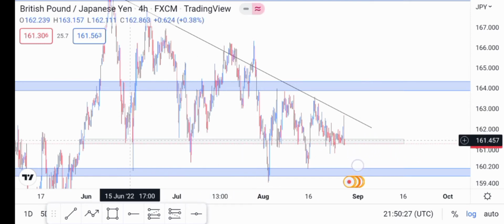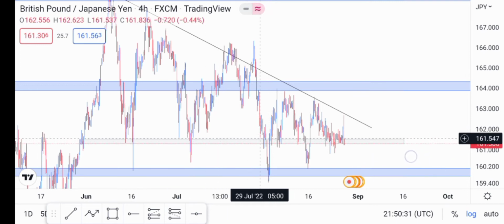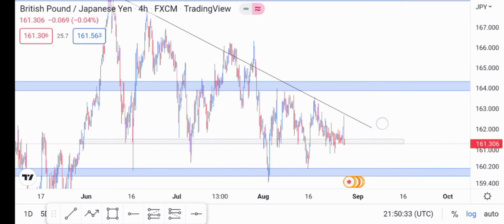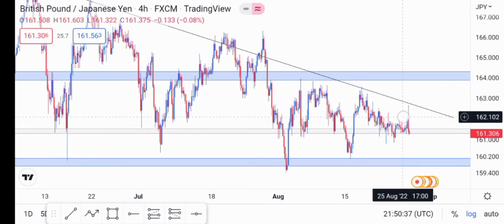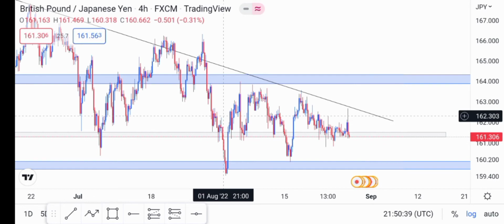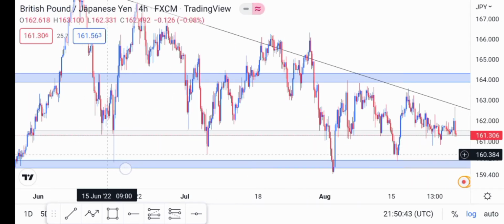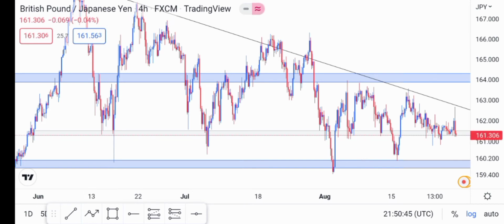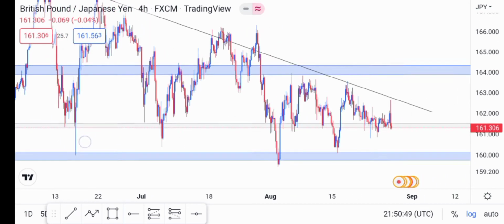As you can see over here, here, and here, a little bit of here and here. If you zoom in a little bit, you can see a strong rejection from this point right over here. So this is what we have on the 4-hour time frame. Let us keep on analyzing.